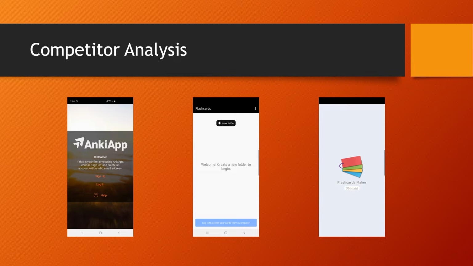I started with a competitor analysis in which I compared 3 different apps that I found on the Google Play Store. One is NK app, the second one was Flashcards, and the third one was Flashcards Maker. All of these apps were bringing interesting elements, which could have helped me create a vocabulary app.